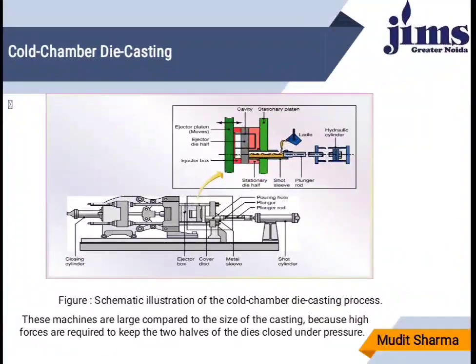The following are the two types of die casting process used in practice. First is the cold chamber die casting process. In this process, molten metal is poured into the injection cylinder. The shot chamber is not heated, that's why we call it a cold chamber.